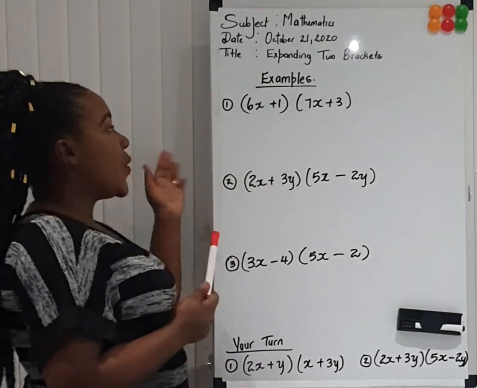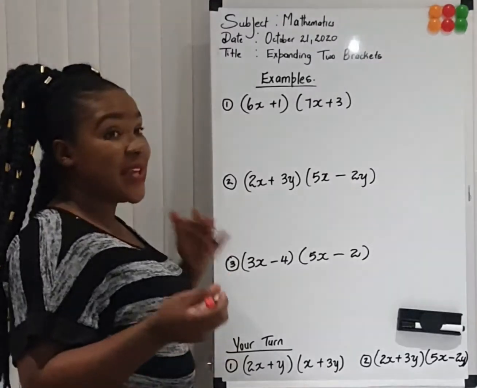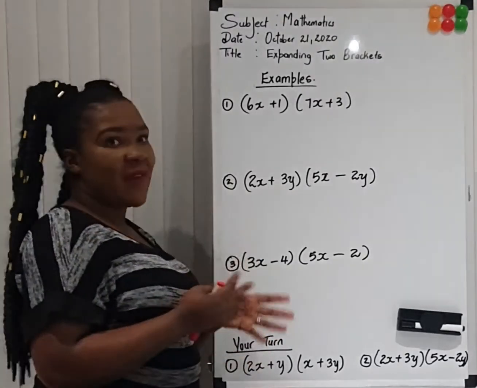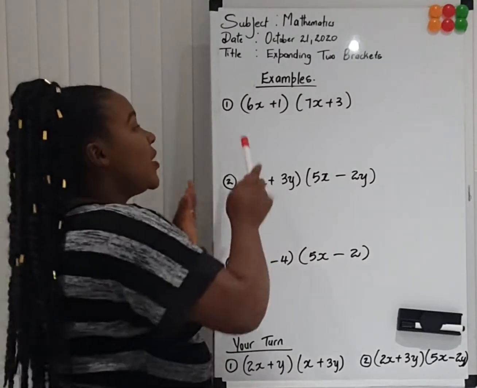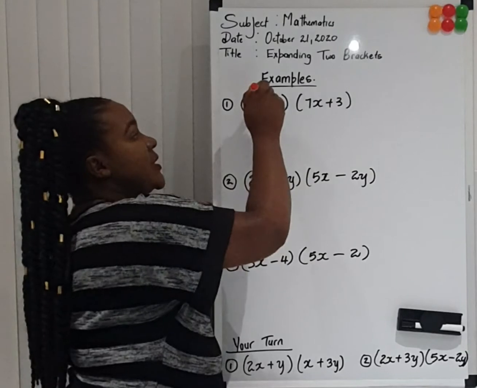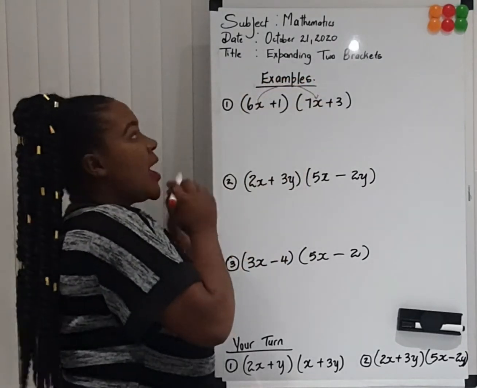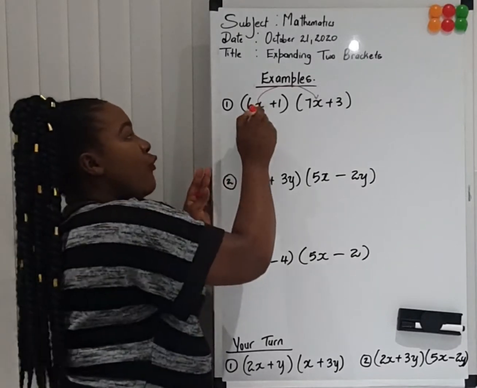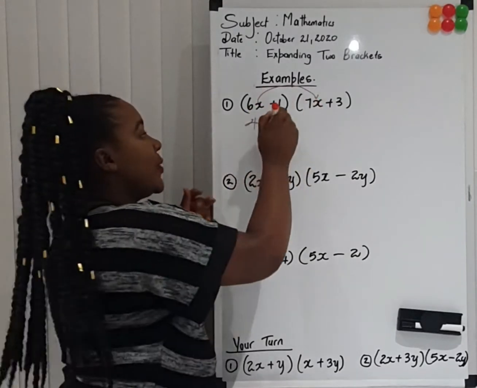Alright, so let's go. We're expected to expand the bracket, which means that when we're finished, we won't have any bracket remaining. So we're going to multiply each term here by the terms here. Let me take our 6x and multiply it by 7x. 6 times 7 is 42, and x times x is x squared.